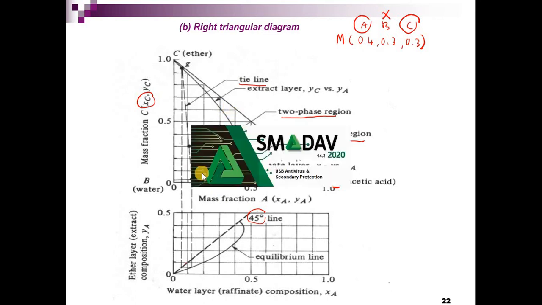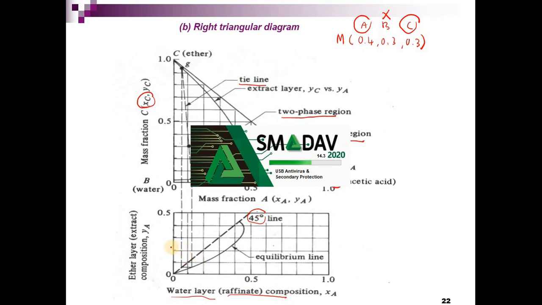The graph at the top is the mass fraction of A and C, and at the bottom is the water layer or raffinate composition.